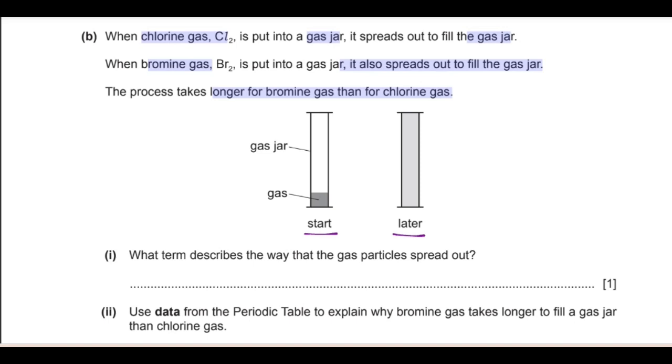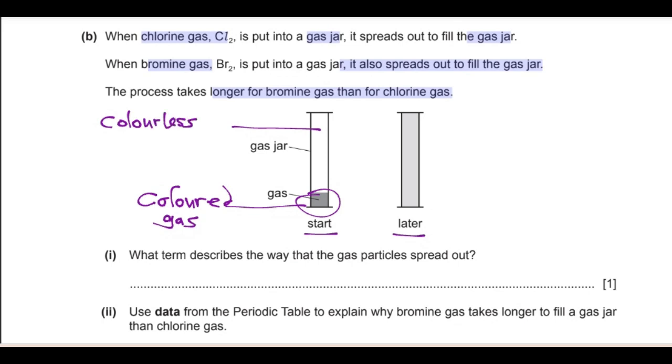In the start of the experiment, we have the colored gas at the bottom, and we have the colorless gas molecules. You know, my dear learners, that air is colorless because the components of air are actually colorless gases.